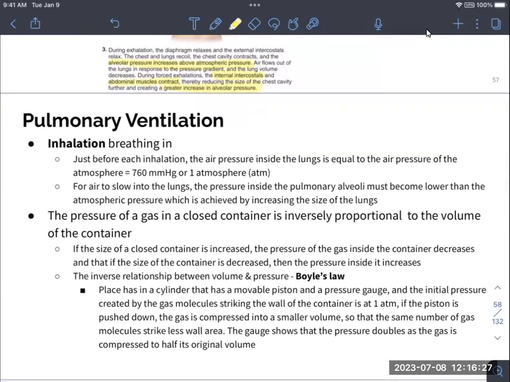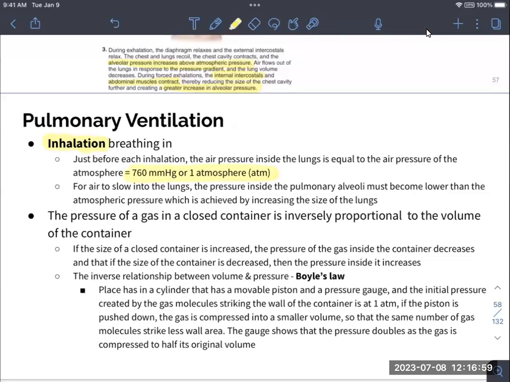So here, this inhalation puts it more into words. Right before we take a breath in, our lungs are sitting at 760 millimeters of mercury, which is also equal to 1 atmosphere. It's a unit of measurement that we use when talking about the pressures in the air around us.